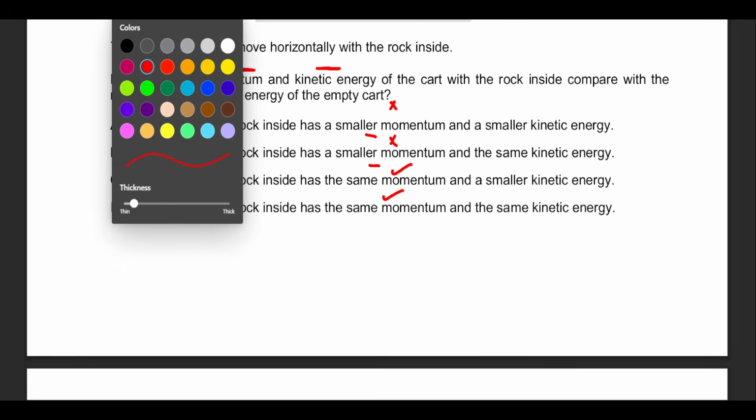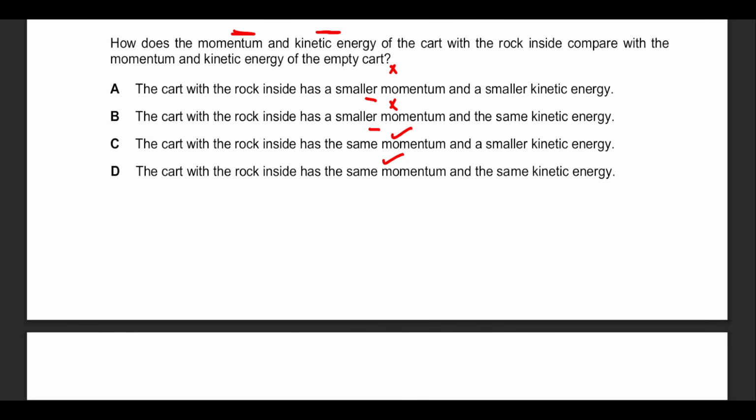Now let's see, mathematically speaking, if the momentum is the same before and after, should the velocity have been the same? Because the kinetic energy is half mv squared. So let's find out the velocity after the rock was placed in it.